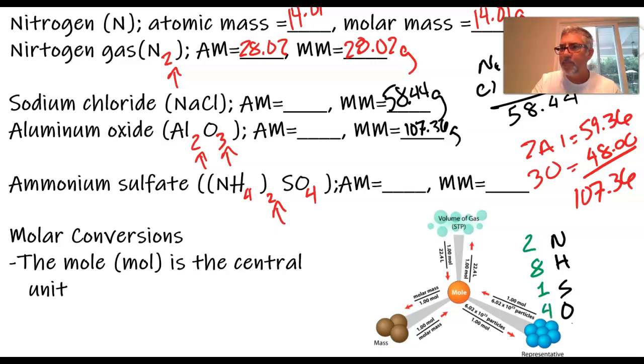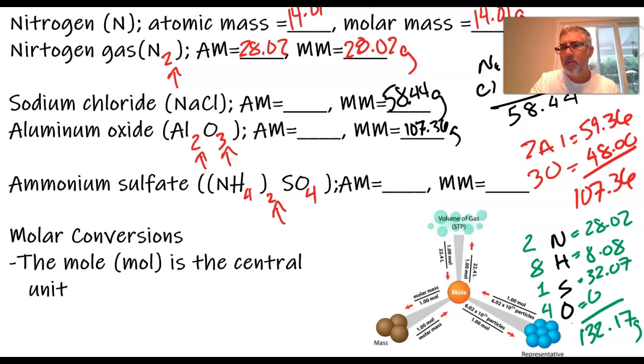When you do that problem, if you want to do it on your own, you come out with 132.17 grams. So if you want to make sure that you can get the right answer, that's how you do it. We multiply those with the multipliers, I get those masses, and then I get that.